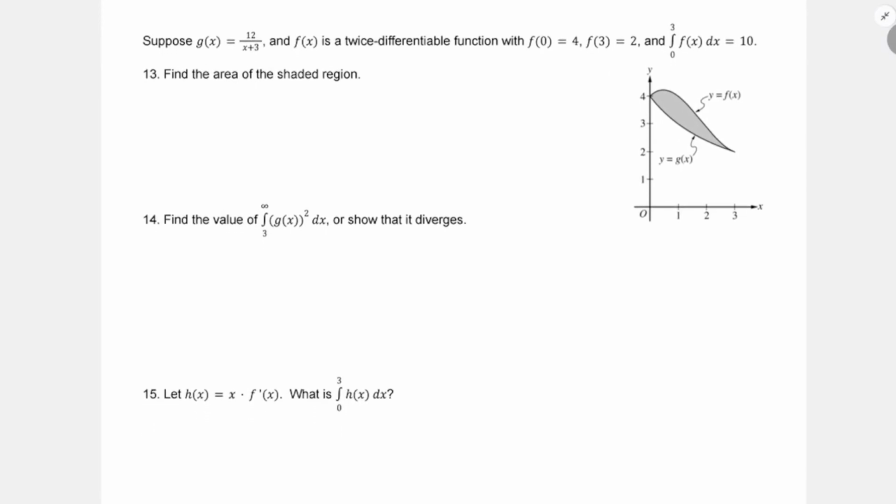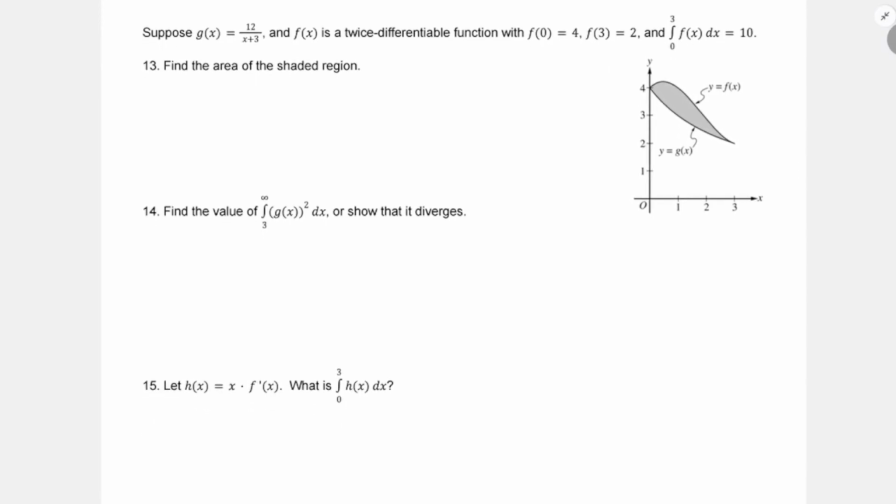Now, another area and volume type question: we've got g is 12 over x plus 3, and all the rest of that stuff. Okay, area of the shaded region. So that's going to be top minus bottom from 0 to 3.